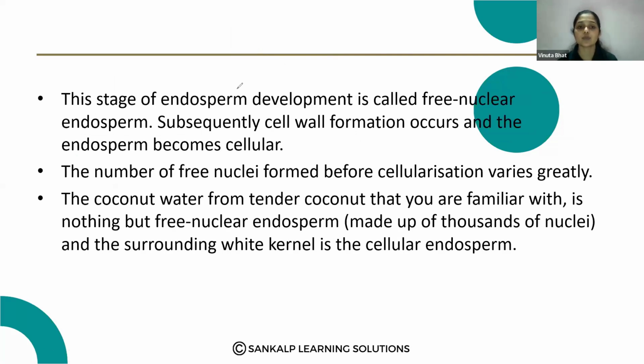Free nuclear endosperm means the nucleus divides repeatedly and forms a number of free nuclei within the cell. And this free nuclear endosperm becomes cellular, which means cell wall formation takes place around the nuclei.